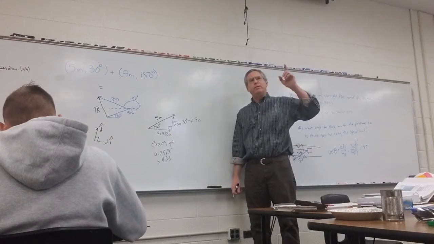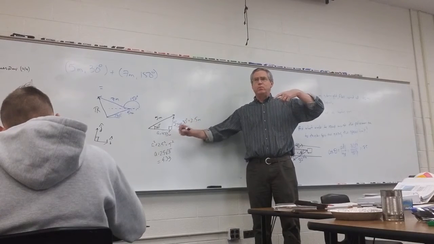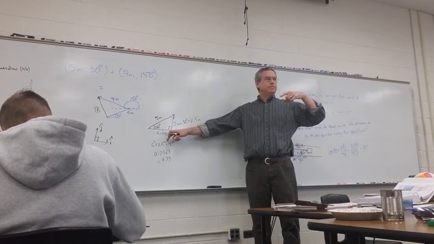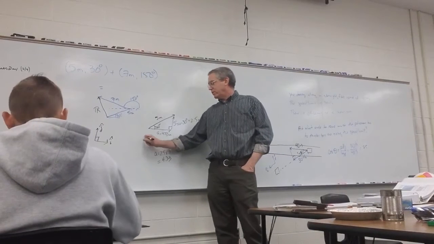What is an alternate way of doing it? Pythagorean theorem, once you know this one, works here. What's the other way of finding the side? 5 times cosine of 30 degrees. Yep, and that's the other way of doing it.